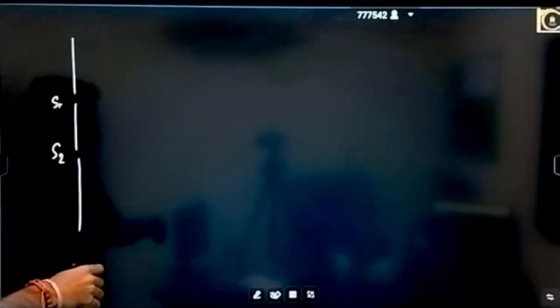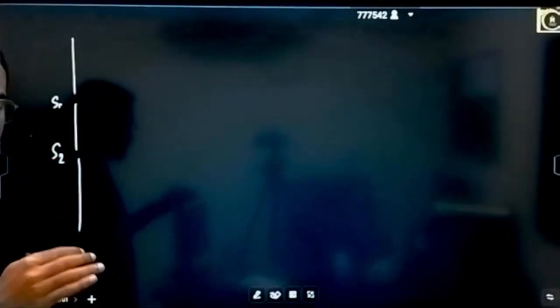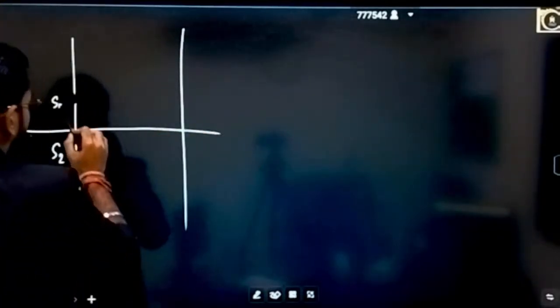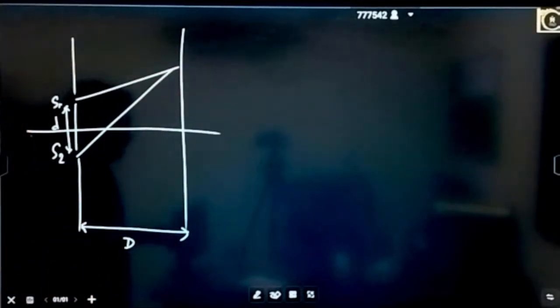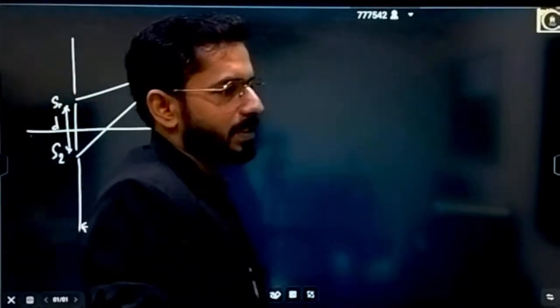Actually, they were not two sources; they were two thin slits which were behaving like two sources. That means light was coming from here also, and coming from here also. This distance was written as small d. This distance between the screen and the slits is given as capital D. And light waves were interfering at all the points, and with that interference we have decided something.